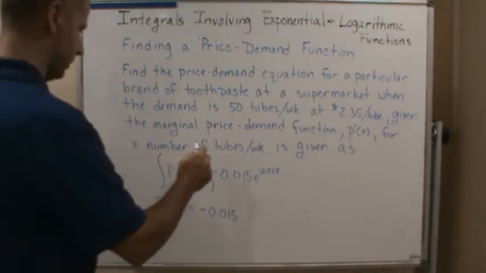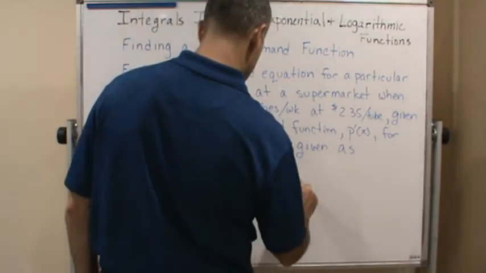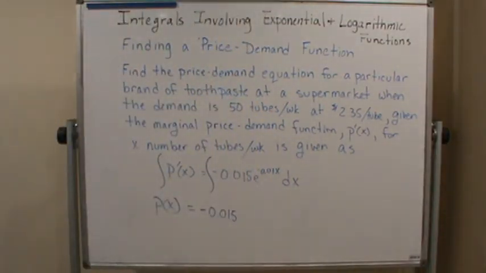Oh, hold on, dx. I was forgetting something. In this case, actually we do want to use u substitution. It'll make it easier. So let's just do a u substitution.